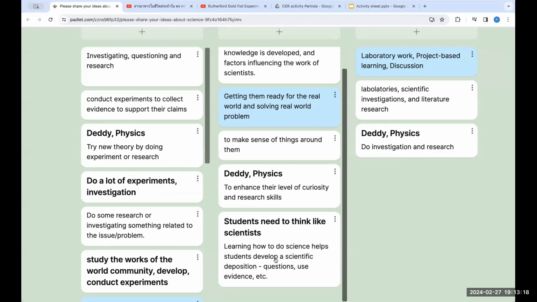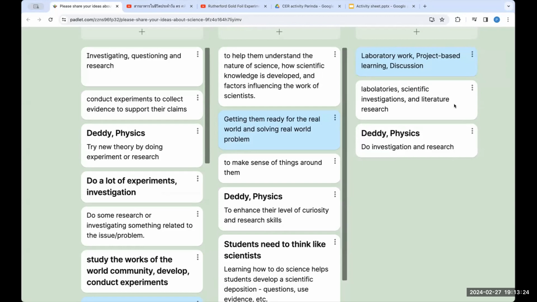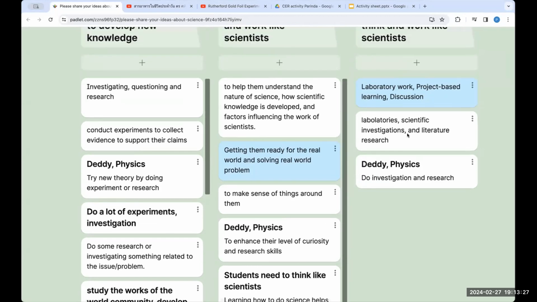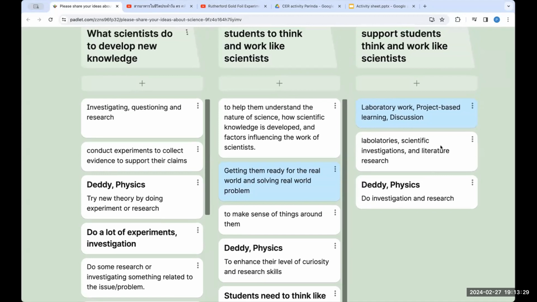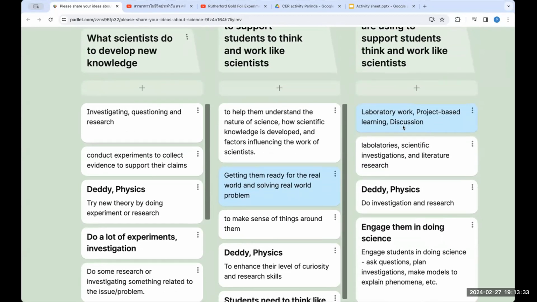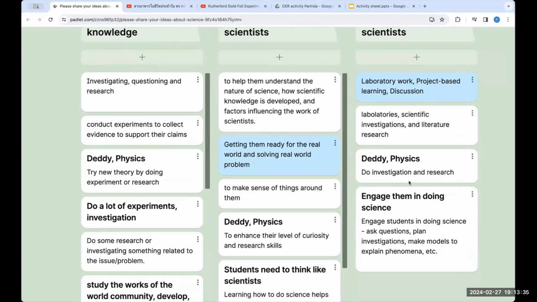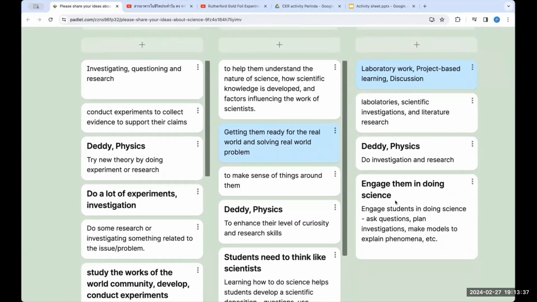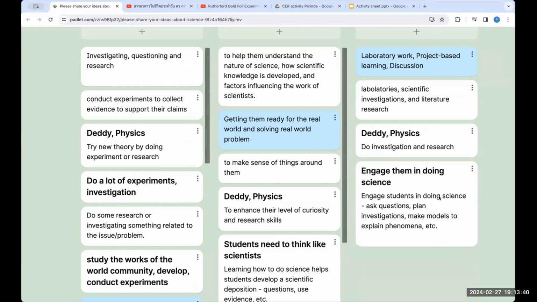Learning how to do science helps students develop a scientific disposition, to question and use evidence. Very good point. And here are the methods you use: laboratory work, project-based discussion, scientific investigation, literature research. Engage students in doing science, ask questions.